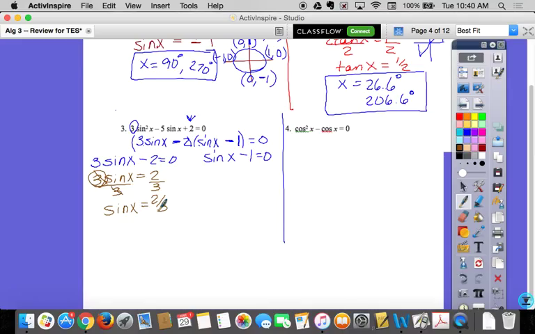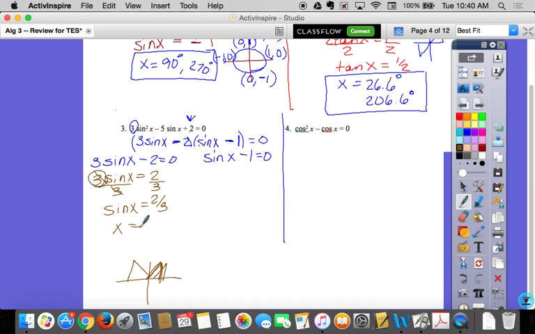Well, that's not going to be a unit circle because it's not a 0, a 1, or a -1. And it's not a special right triangle because it's not a square root of 3. So this means you need your calculator. Sine is positive in the first and the second. And that looks really bad, but you just got to remember you're doing first quadrant and you're doing second quadrant.